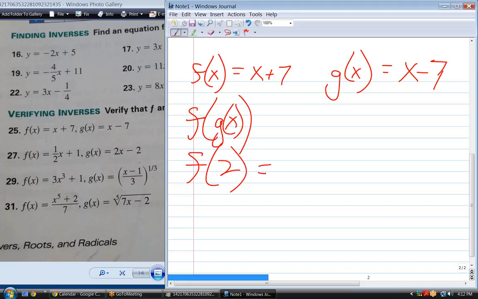No. Go to the f function and plug in whatever's in the parentheses in for x. That's the way you handle whatever's in the parentheses, you plug in for x. So, when I say f of g of x, I'm really saying f of, well, g of x is that, so I'm really saying f of x minus 7. Now, what is f of x minus 7 equal to?